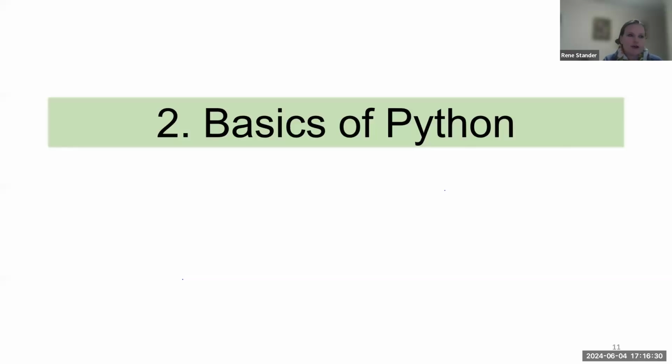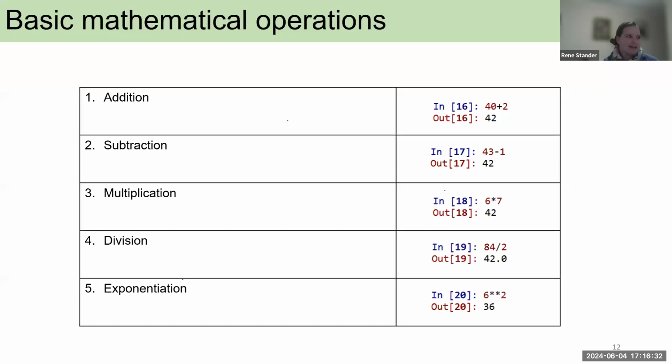Okay. Then let's start with some of the basics of Python. Where we always start is the basic mathematical operations, basic things that you can do. You can do addition, subtraction, multiplication, division, and exponentiation.